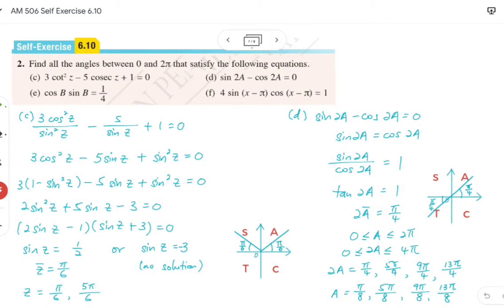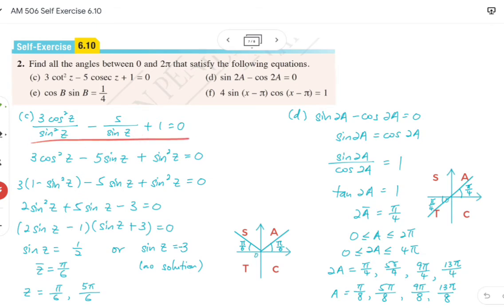C. 3 cotangent square of z minus 5 cosecant z plus 1 equals 0. So, from the cotangent square and the cosecant, we can change the cotangent square into cos square over sine square z, and then cosecant z is 1 over sine z.